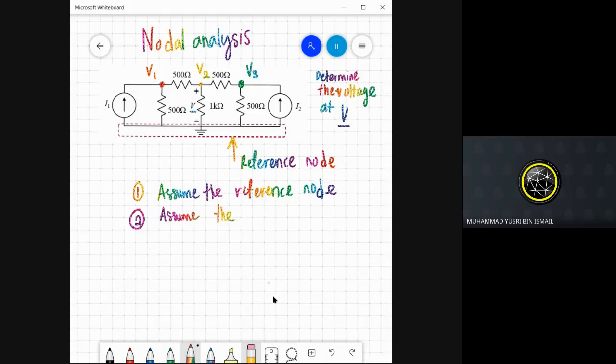So in this case, V1, V2, and V3 are the points of the node.